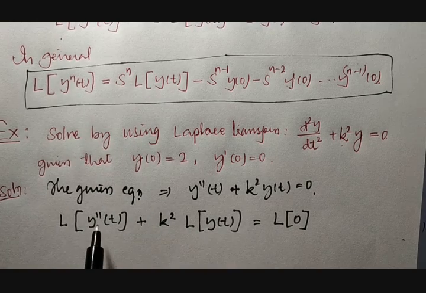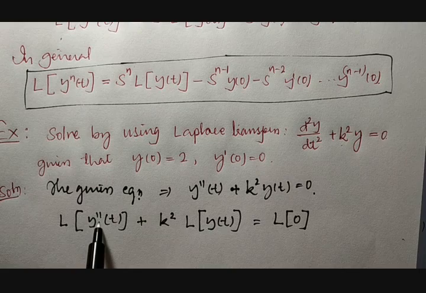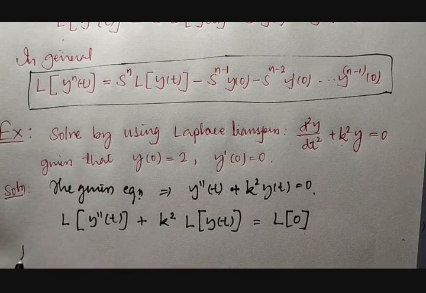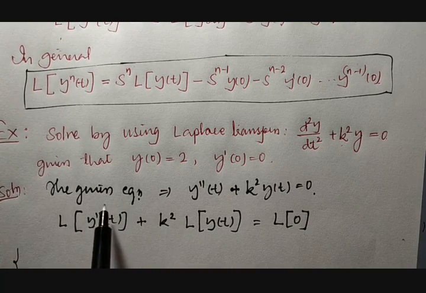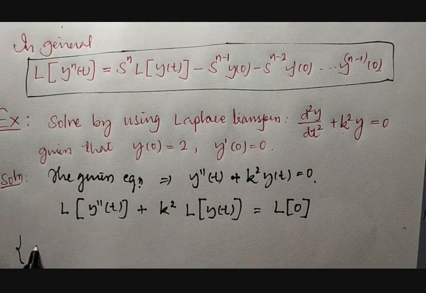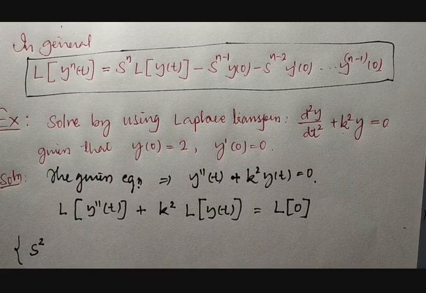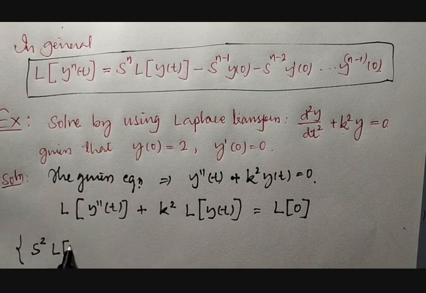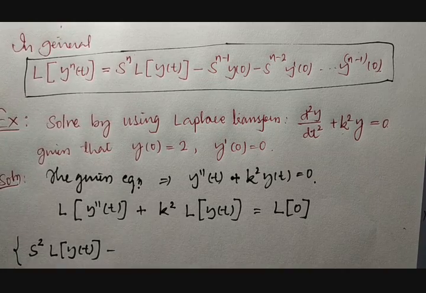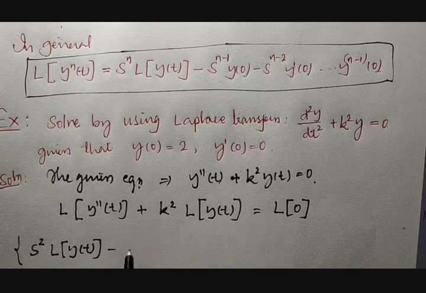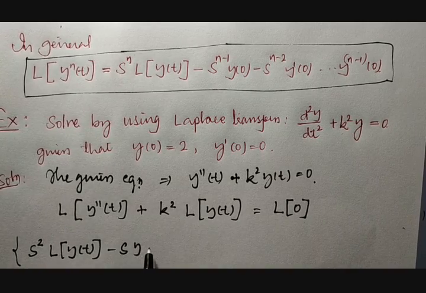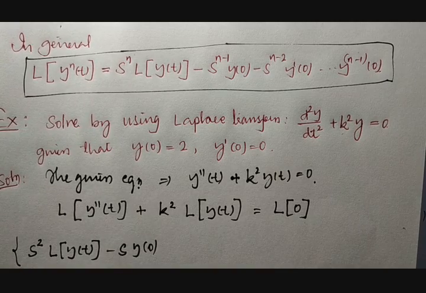We want it for second order. When we want it for second order, it will automatically be taken as s², so start with s² times the Laplace transformation of the function y(t), minus s times y(0), the initial value.